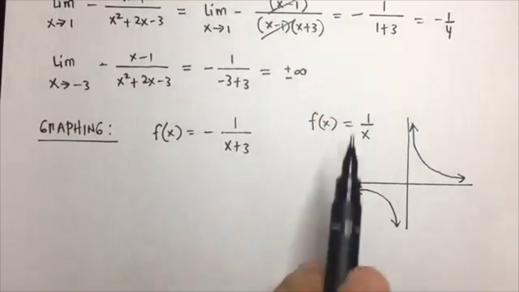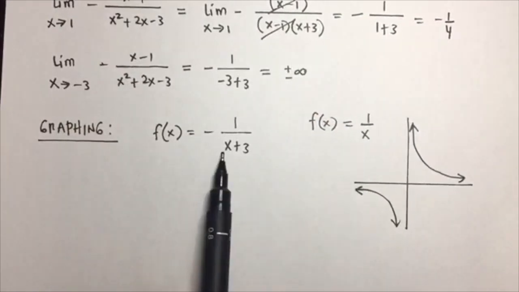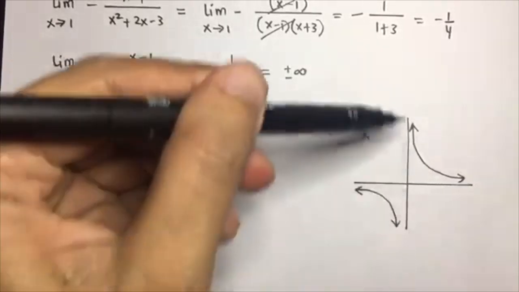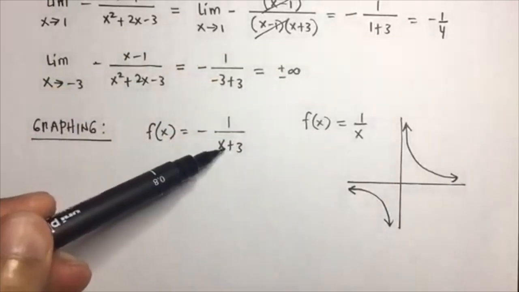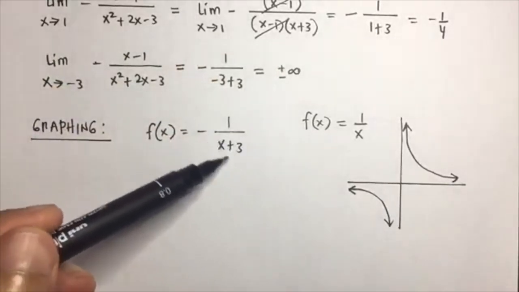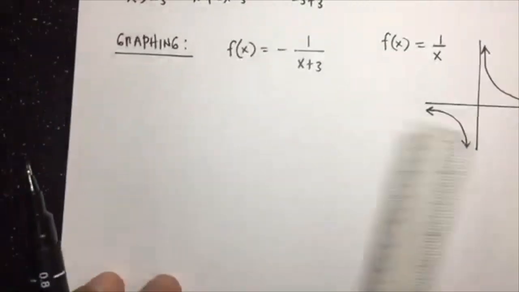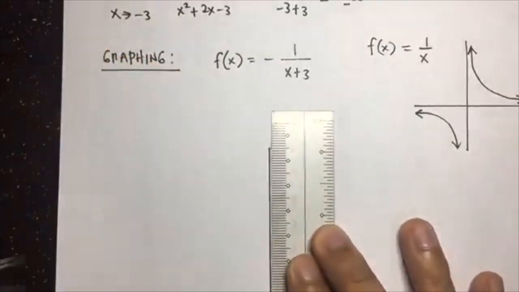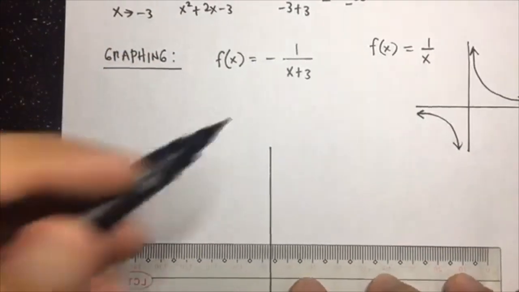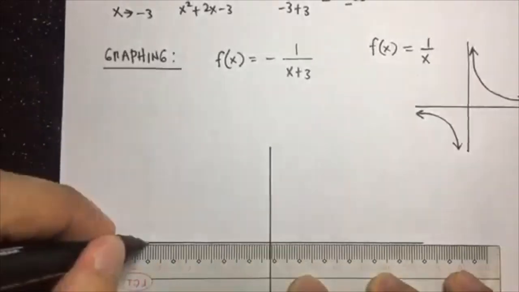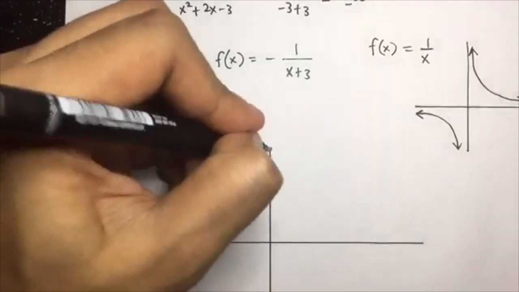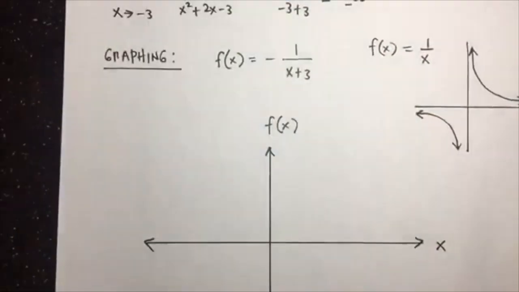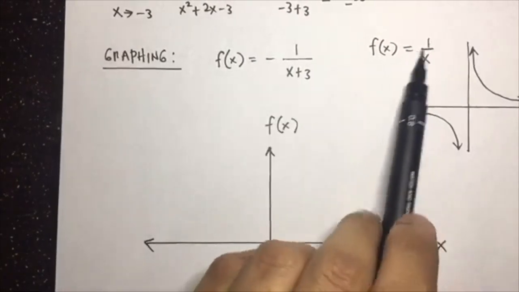Okay, so if we have 1 over x, however here it's displaced, the location of the infinite discontinuity is displaced by 3. So therefore we just move the location of the infinite discontinuity. So this is x, this is f of x, so this is positive 1 over x.